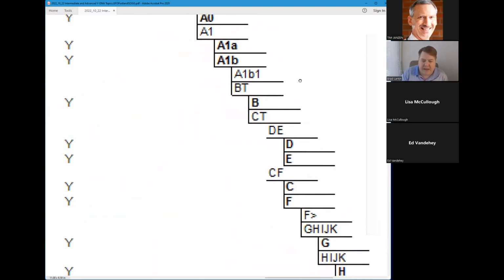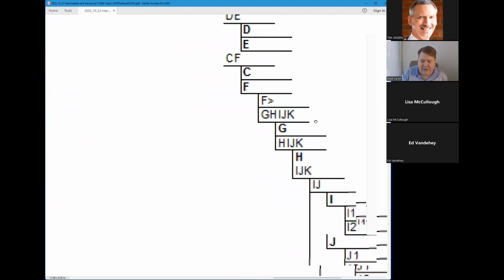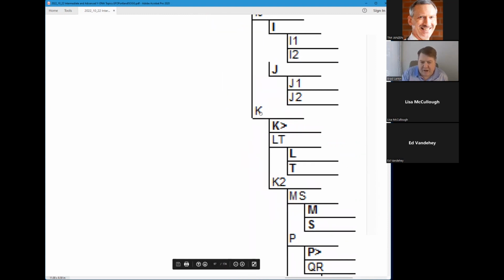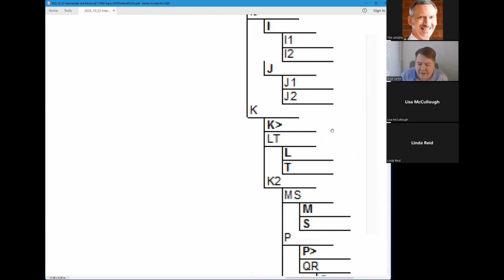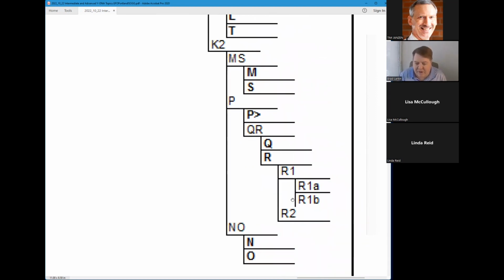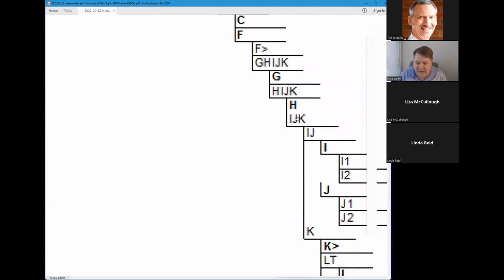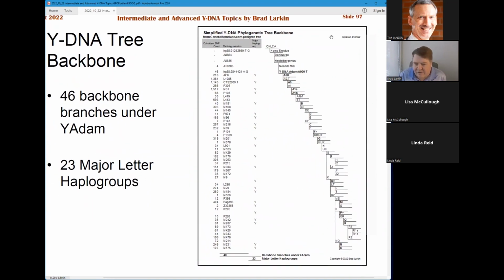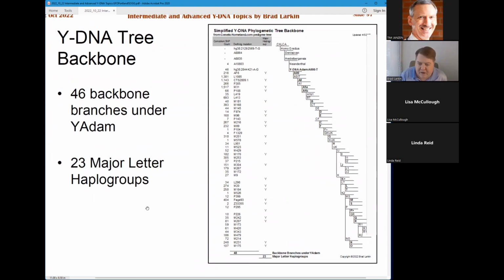A and then B, and then they had some C's and D, E. But then at some point they realized that, well, actually people in haplogroup P, which includes descendants R, are actually descendants from this section K. It turns out that haplogroup R, what a lot of Western Europeans are, is actually a descendant of P, which is a descendant of K, descendant of F. So in some cases, like this, you just have to kind of know the backbone of the tree, I call this, if you're doing the whole tree. There are about, by my count, 47 backbone branches under Y atom that make up the 23 major letter groups.